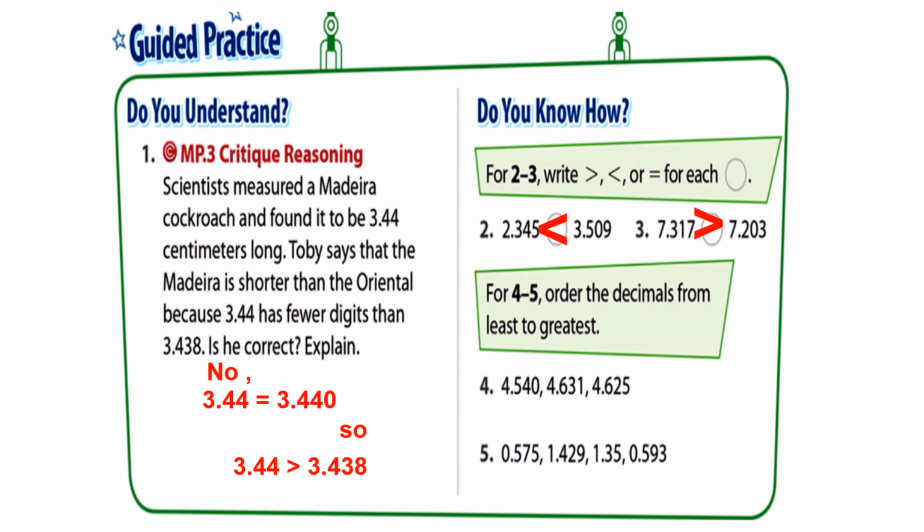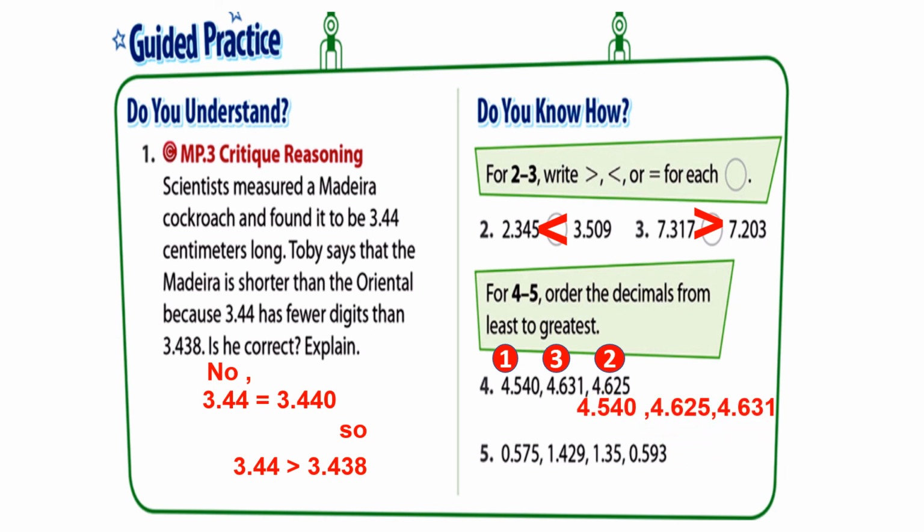Here 4, 4, 4, they are the same. Then 5, 6, 6. 5, of course, is less. So the first number, which is 4.540, is the least number. That's number 1. Then 4.631 and 4.625. Of course, 4.625 is smaller than the other one, so that will be number 2. And the middle one will be number 3. So let's order them like that.